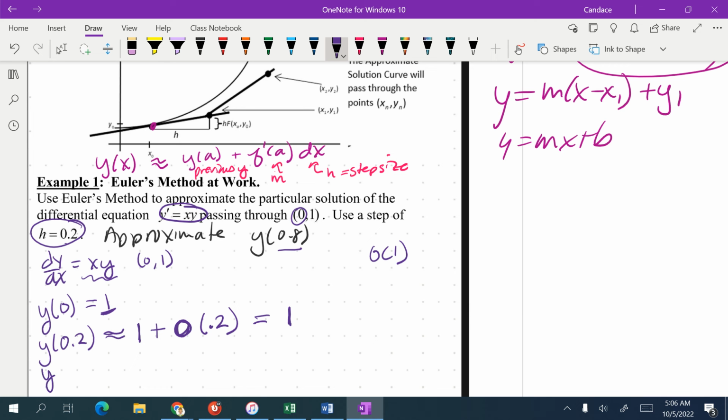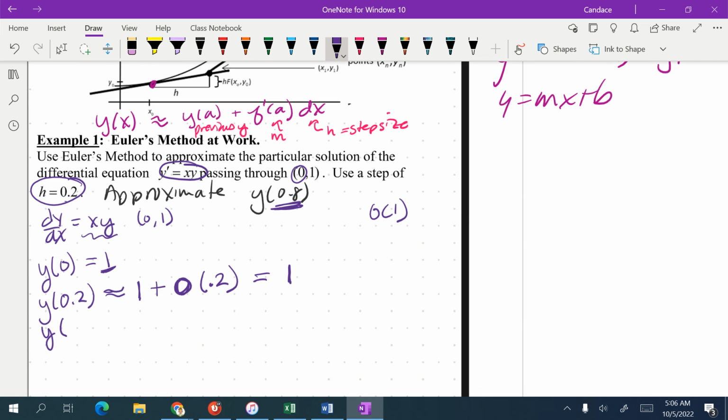Now I'm going to keep going until I get to what I wanted to approximate, which was 0.8. So y of 0.4 would be next, because between steps I am adding 0.2. My previous y value is 1, so I take that from here, plus now I take my new point and plug it in here.